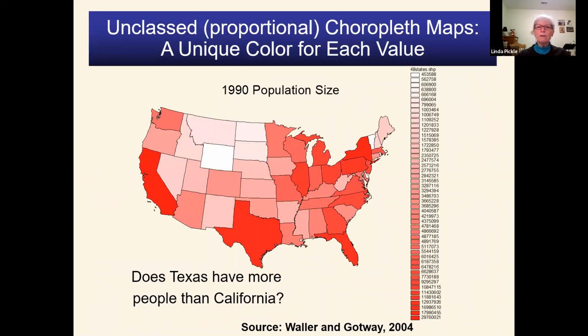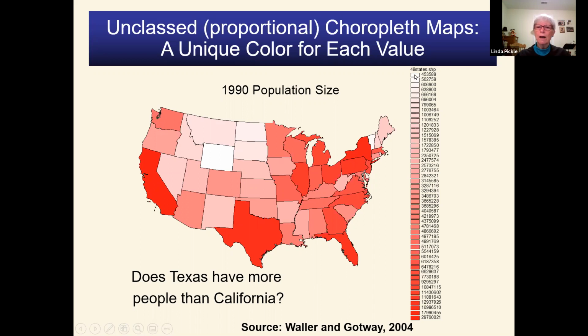So now we've decided to use choropleth maps, but the next decision was, would we class the rates or use an unclassed map? This is an example of an unclassed map. And it just means that in some way, the color is proportional to the value it represents.